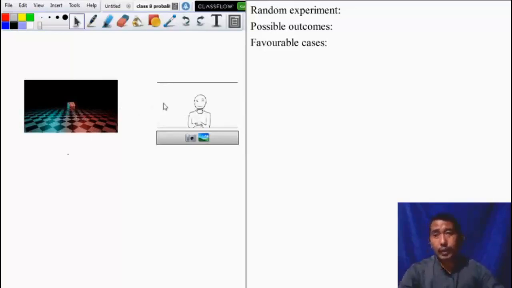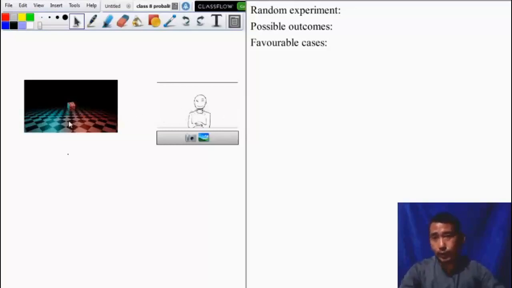And even for the second case, when we toss a coin, whether we get a head or tail is again not in our hands. So in both the cases, the experiment is a random experiment.